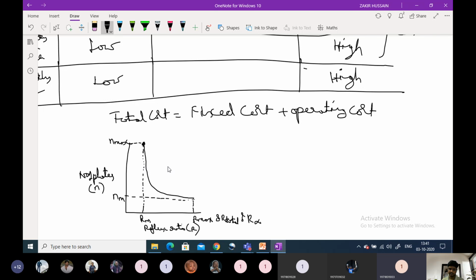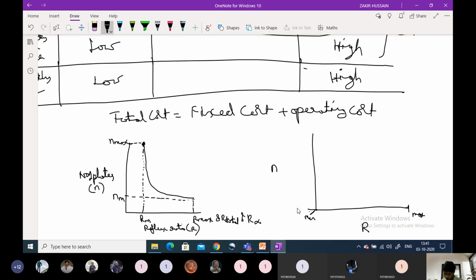Yes, if you see this figure, first it is the graph between the number of plates N and the reflux ratio. For R, what is the minimum? This one is minimum, so the minimum value will come here, and the maximum value will come here. This is clear, I guess.